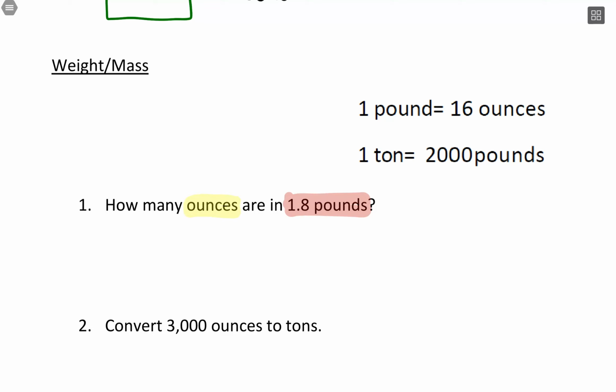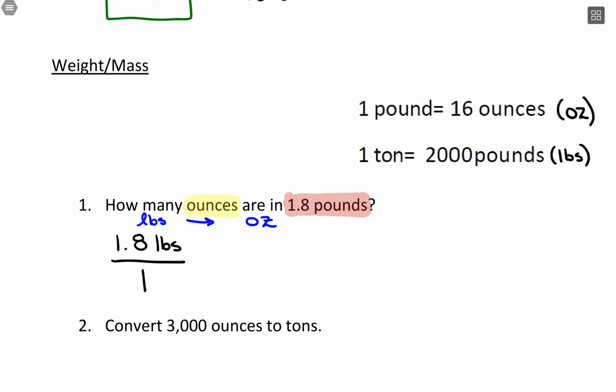So my starting point is I have 1.8 pounds, which if you haven't seen before, pounds can also be LBS. Ounces, you'll see OZ for short. So I have 1.8 pounds, put that over 1. And we have a relationship between pounds and ounces.